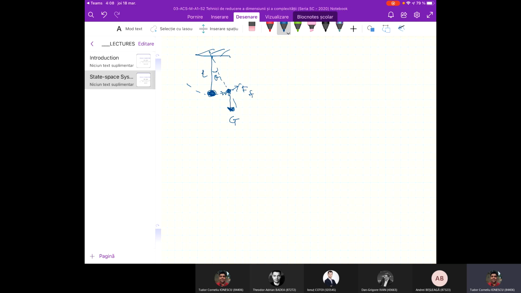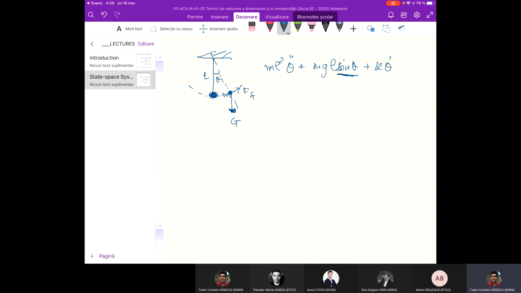If you do all the physics and look at the tangential component, you'll find out that the pendulum is governed by a nonlinear equation of this type: ml theta double dot plus mgl sine theta, and the sine says it all, plus k theta dot.